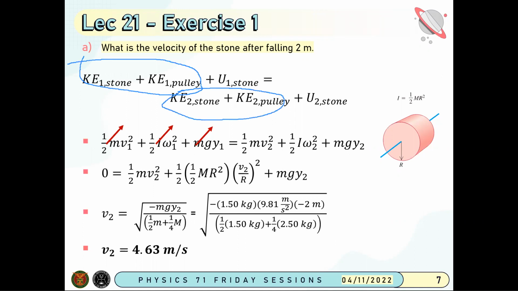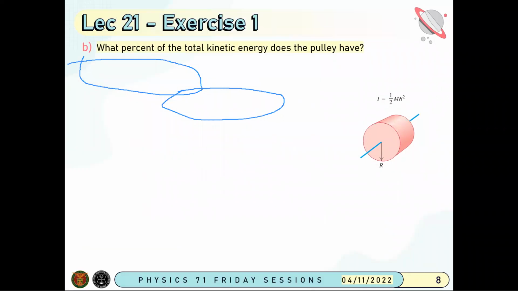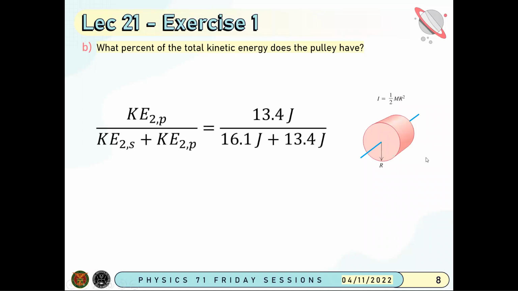Kasi dalawa. Okay. So, to solve, syempre gagamitin natin si final state kasi yung initial state, puro zero lang naman. Okay. So, final state, yung total kinetic energy, right?